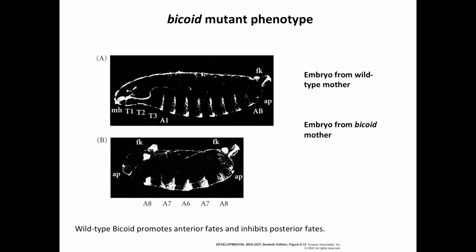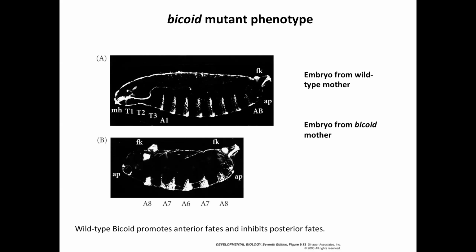So what I'm trying to say here is that when these experiments were done to understand what the bicoid mutant phenotype is, so what happens if you lose bicoid? Now the point is, where do you lose bicoid? If you lose bicoid in the embryo, what they found is that it develops just fine.